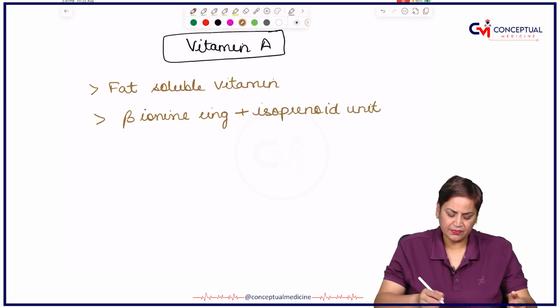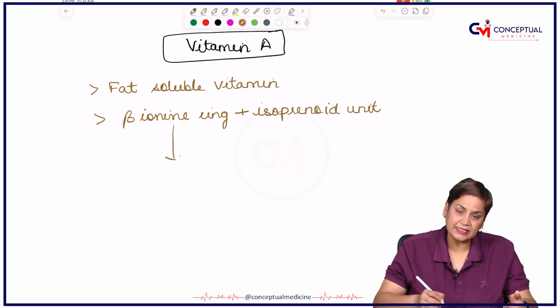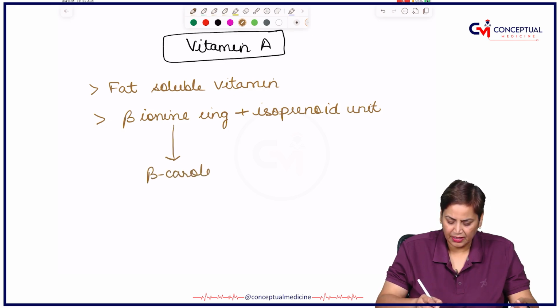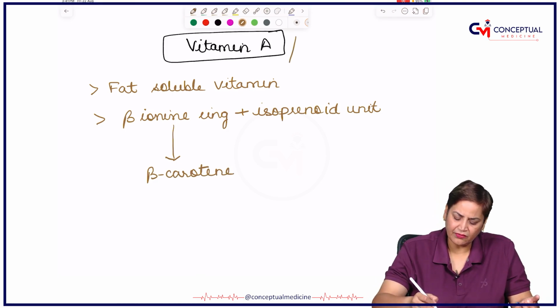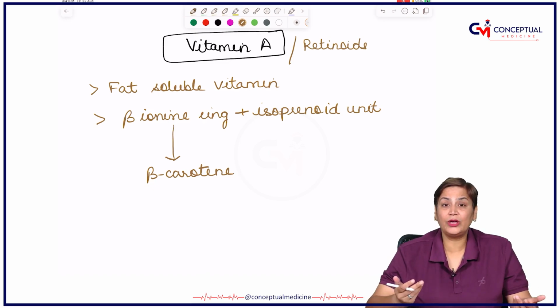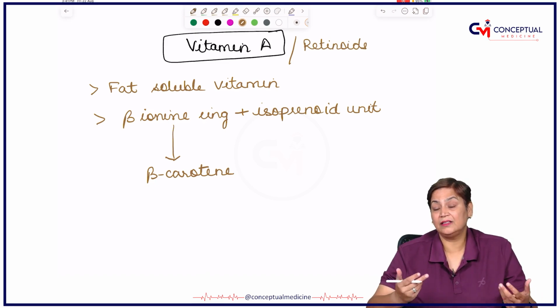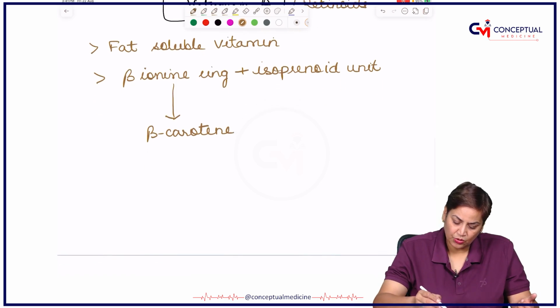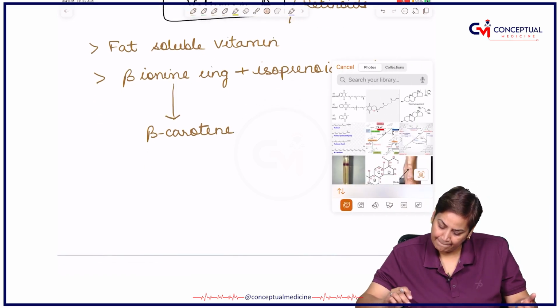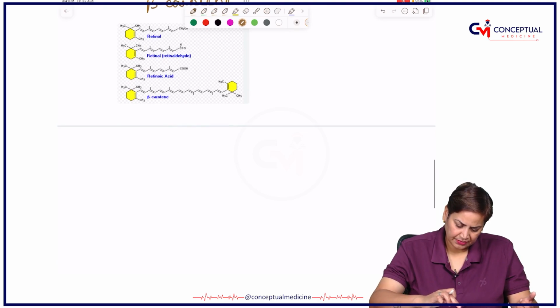Right. And this beta-ionone ring is actually present in beta-carotene. So we call these vitamin A, the other form is retinoids, which have carotenoids as one of the basic structures. Okay. So let me show you the structure of vitamin A. Let's take it to another page.